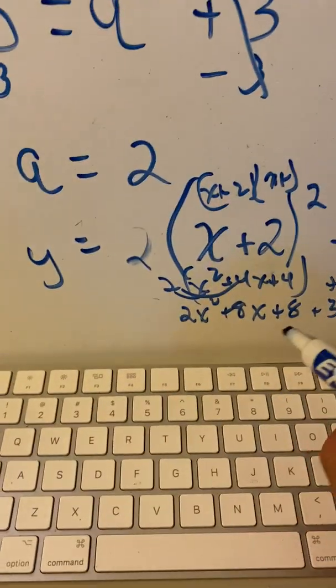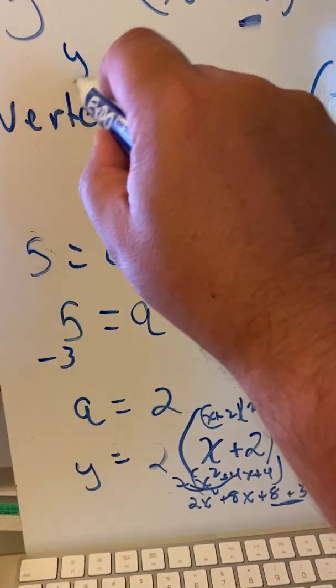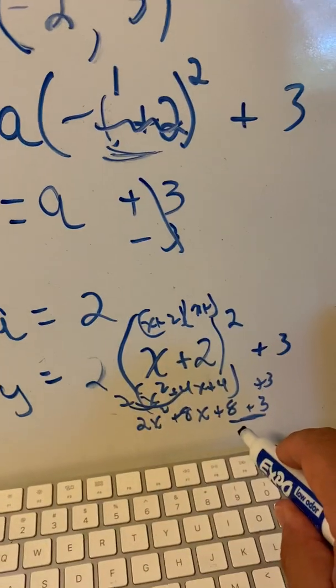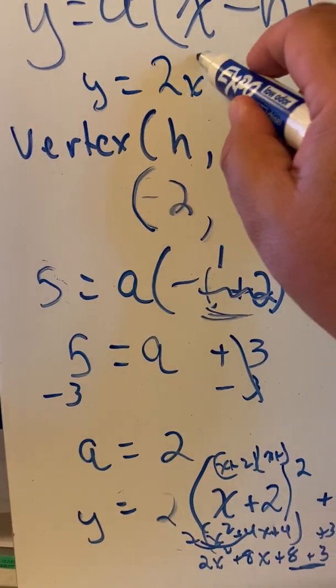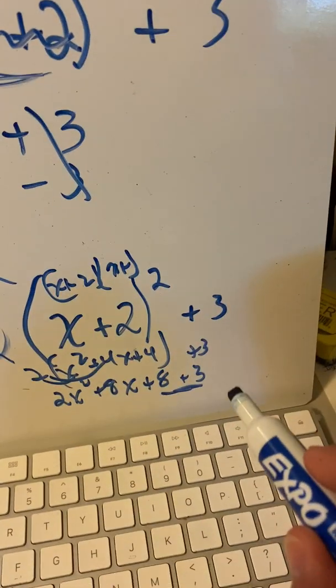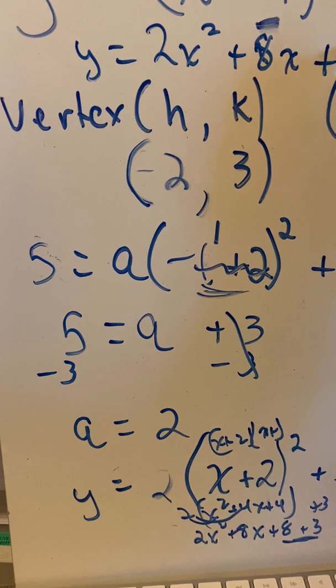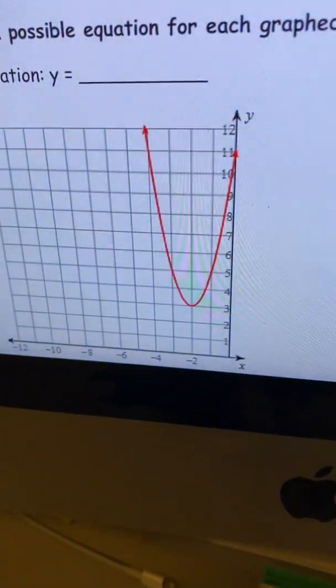Combine like terms, and we should get y is equal to 2x squared plus 8x plus 11. And that is the equation for our graph right here.